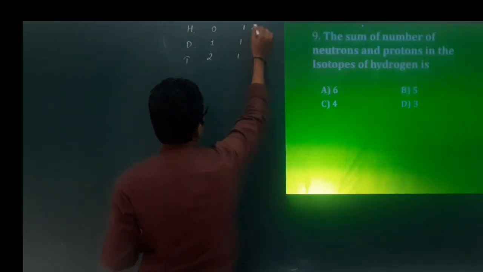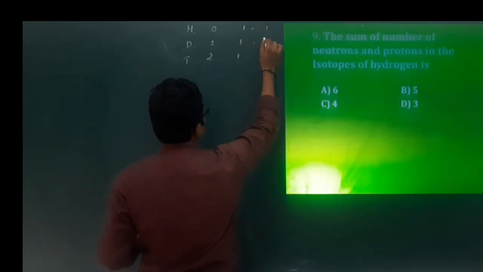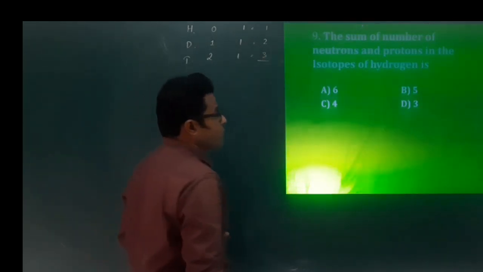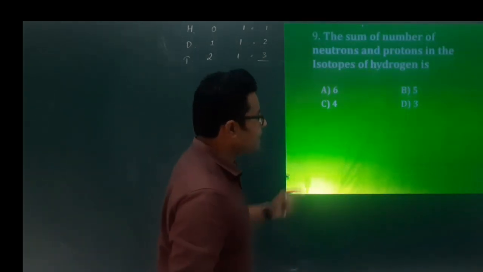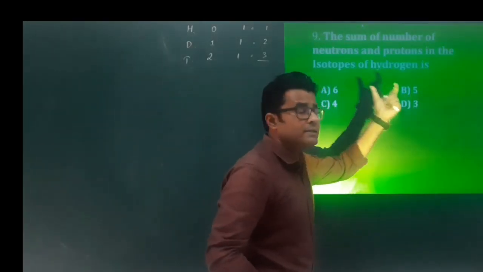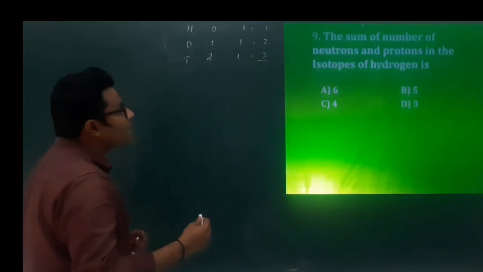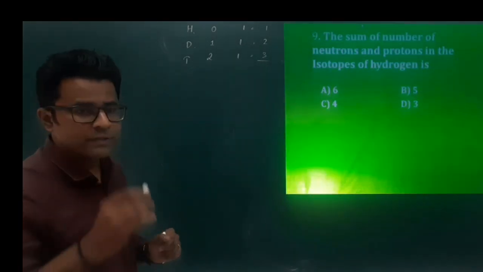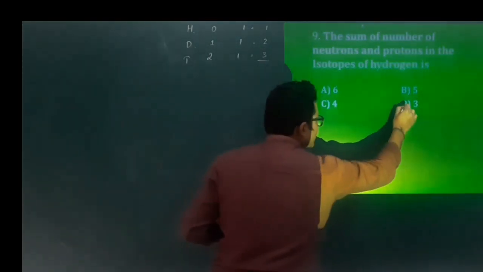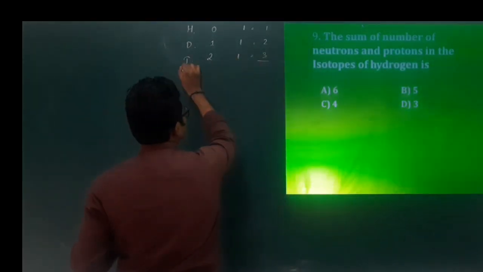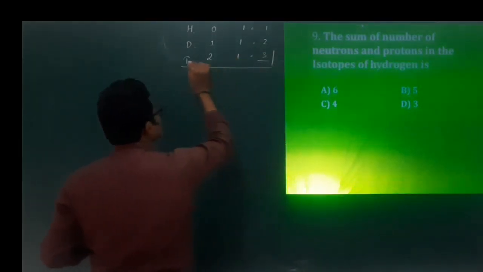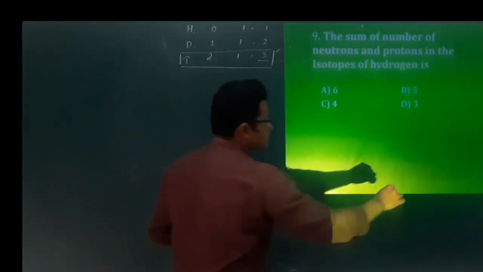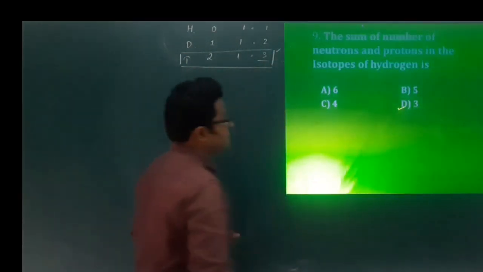So the sum remains as 1 here, 2 here, and 3 here. So we have only one option there, and that is D. The sum of number of neutrons and protons in the isotope of hydrogen has only one possibility, and that is for tritium. So this is the answer. Answer for this particular case is D.